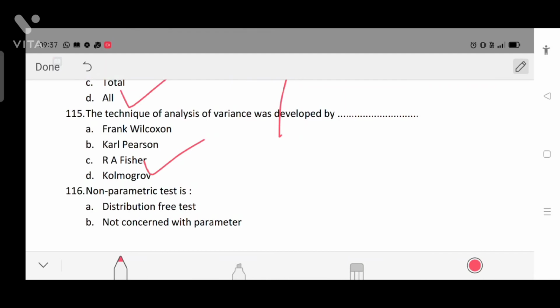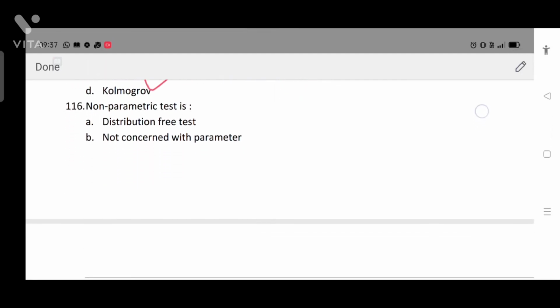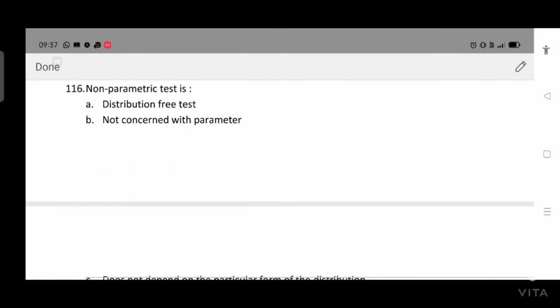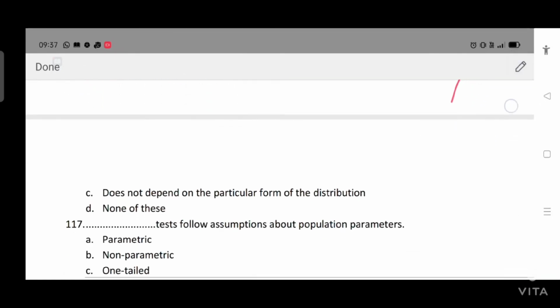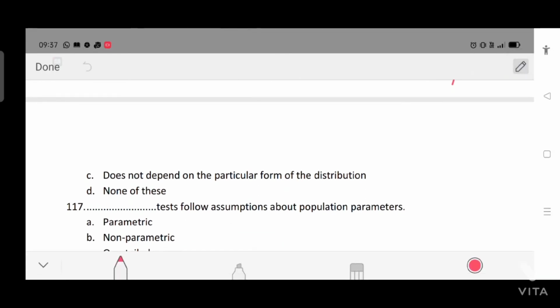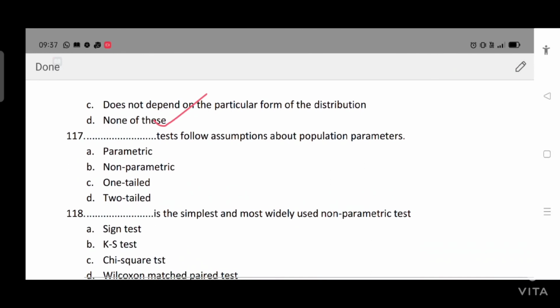Question number 16. Non-parametric test is A, B, C, D. D answer. None of these. Dash tests follow the assumption about parameters, A, B, C, D. Answer is parametric.